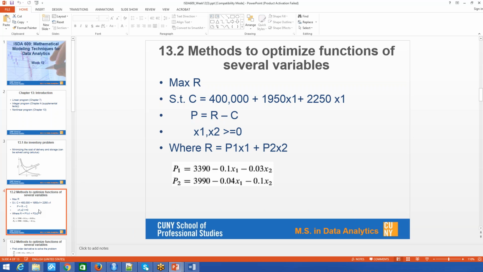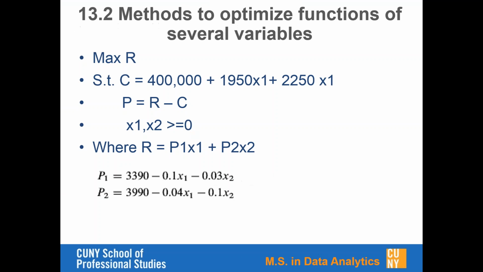And then let's say for the next example, we talked about methods to optimize functions of several variables. Suppose that we have a max revenue. Revenue is P1 x1 plus P2 x2, and P1 is this. As you can see, because P1 is a function of x1 and x2, we have an objective function that has x1 squared. On the second component, we have x2 squared, and also a x1 times x2.